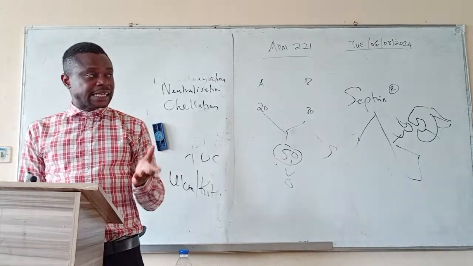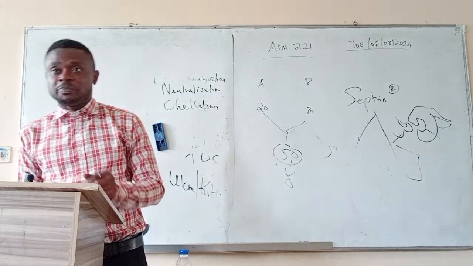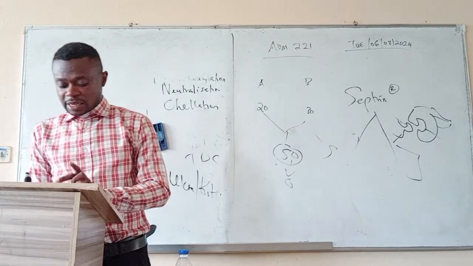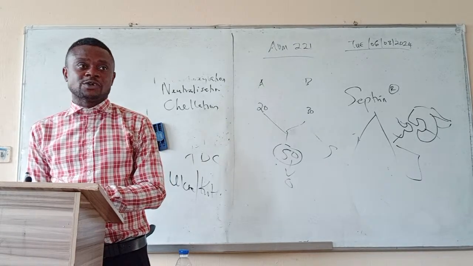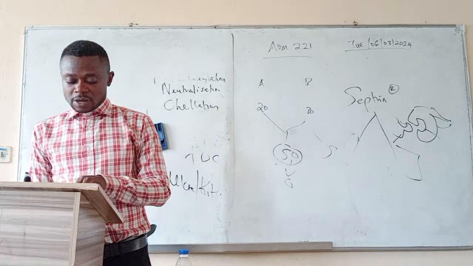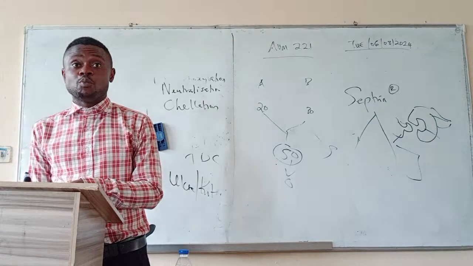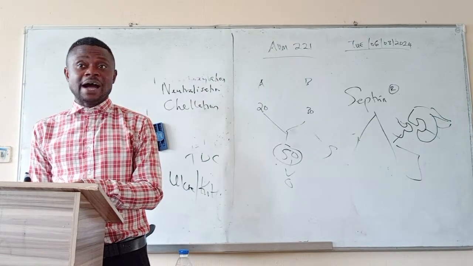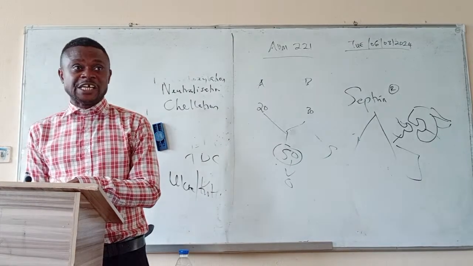Now you see things like acetylcholine and atropine. The antagonism between acetylcholine and atropine is on the muscarinic receptor. Acetylcholine normally binds to the muscarinic receptor to achieve its purpose.